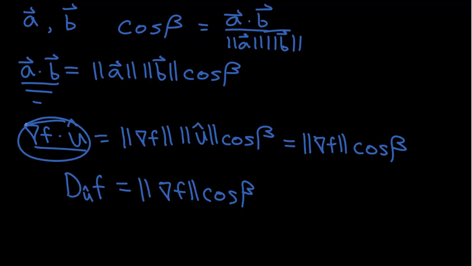So if you want to talk about the direction of the greatest decrease, well, it would be the negative of this, right? And the actual decrease, the value of it, would be the negative of the magnitude.